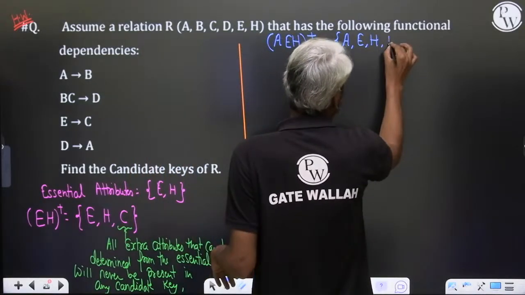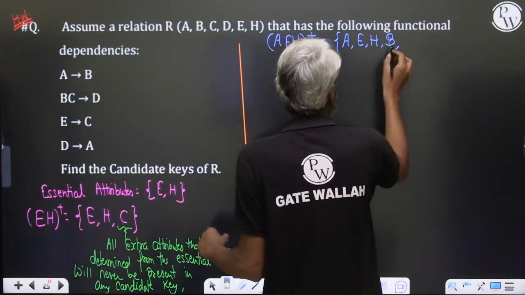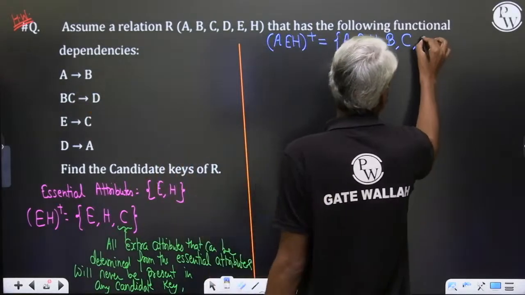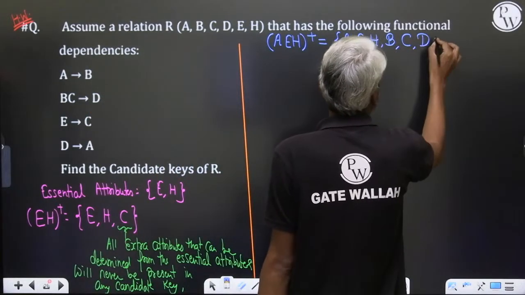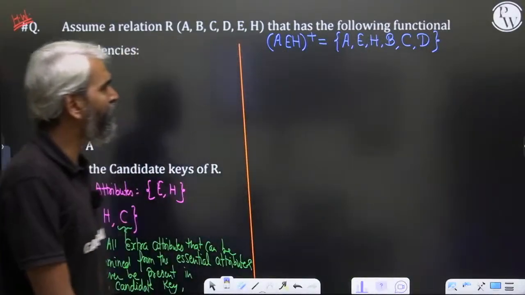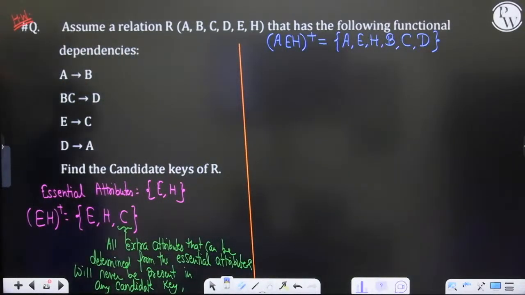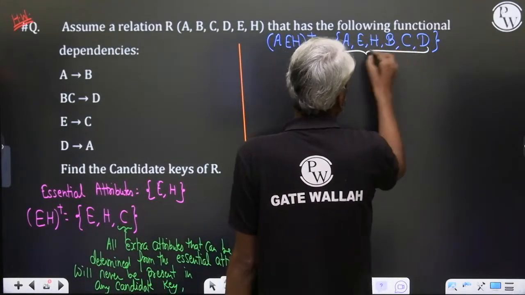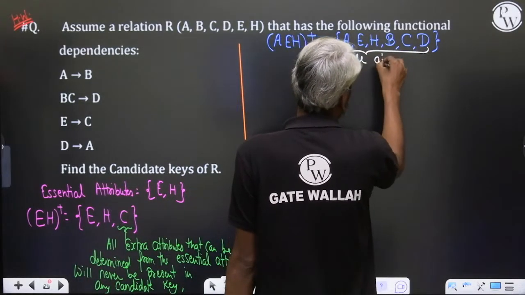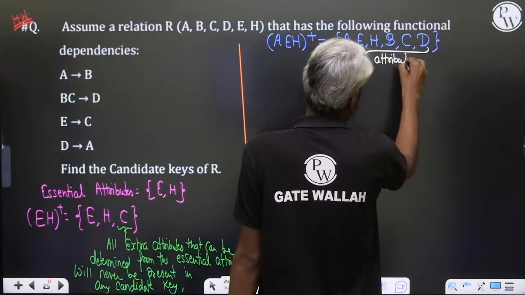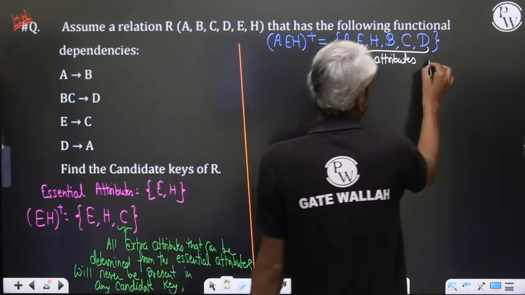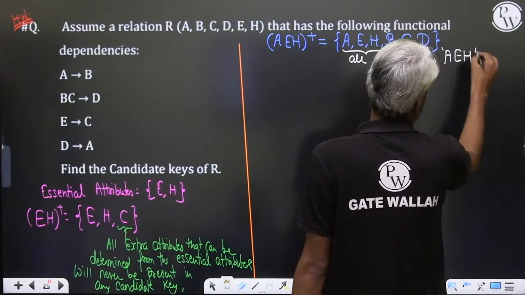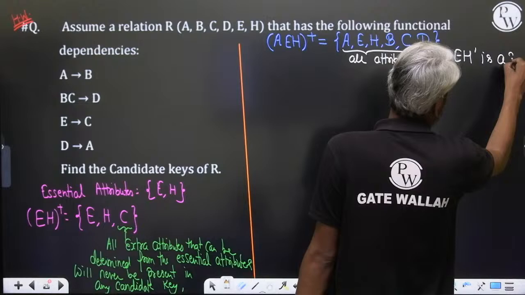A can determine B. E is there, therefore E can determine C. Now B and C together will be able to determine D. So A, B, C, D, E, H, all attributes are there. A, E, H is a super key.